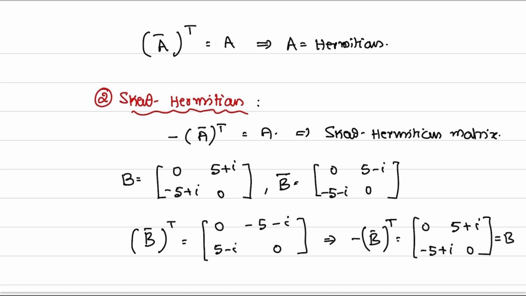That means, if A is equal to the conjugate transpose of A, that is, the transpose of the conjugate, then A is Hermitian.